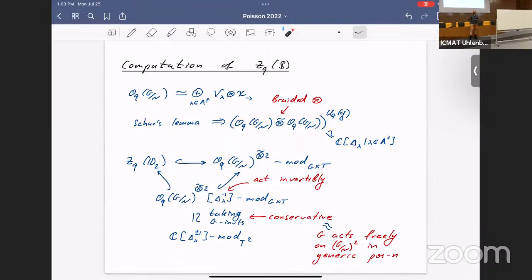And you have to take UQG cross T squared equivariant modules. Now, because you have two T regions and trivialization at each of them.